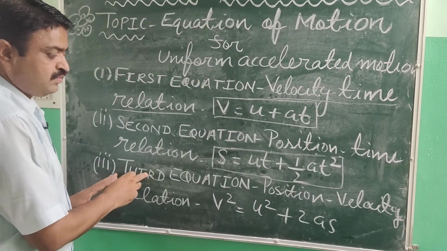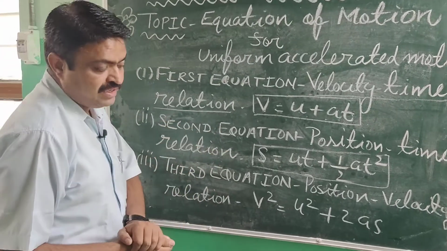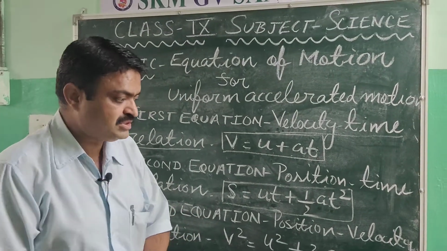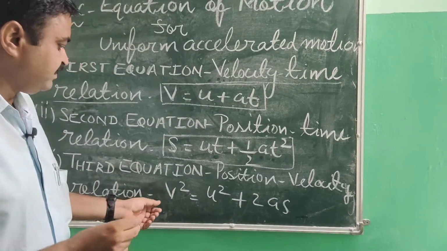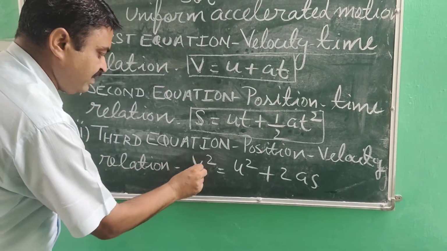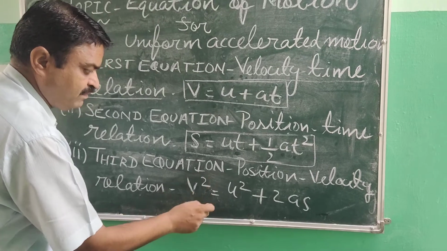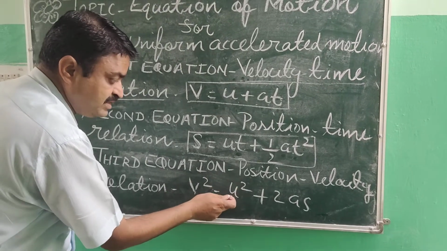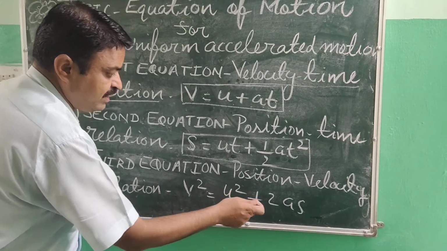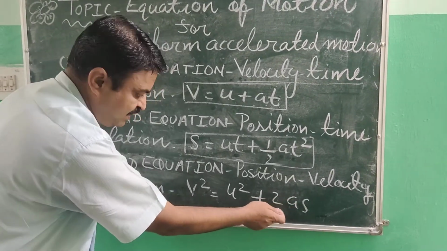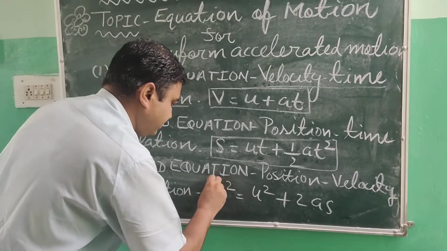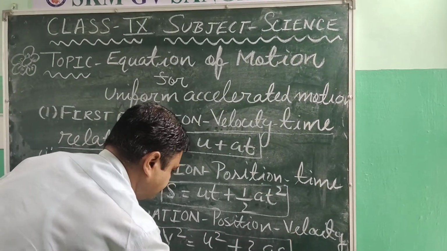Third equation of motion, it is the relation in between position and velocity. And in this, v for velocity, v square, u for initial velocity, a for acceleration, and s for displacement. So it is the third equation of motion.